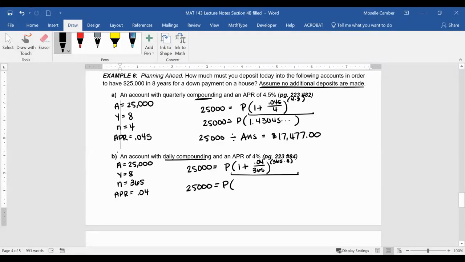And we get 1.37710 and so on. Then we do 25,000 divided by that answer. And we get $18,154.04. In this case, this first one would actually be better because we wouldn't have to put as much money in at the beginning in order to have the same amount at the end.